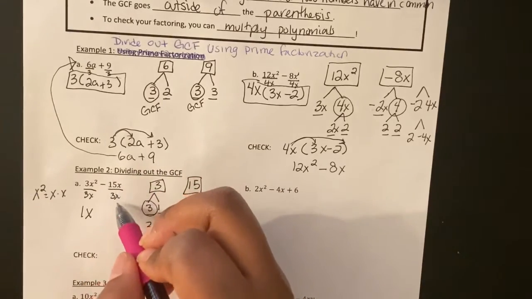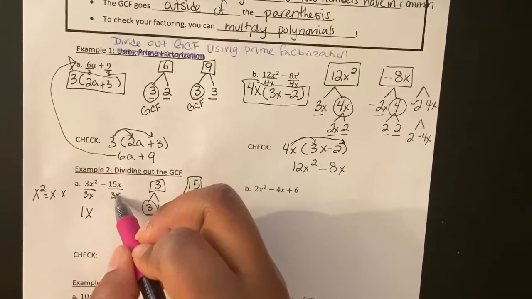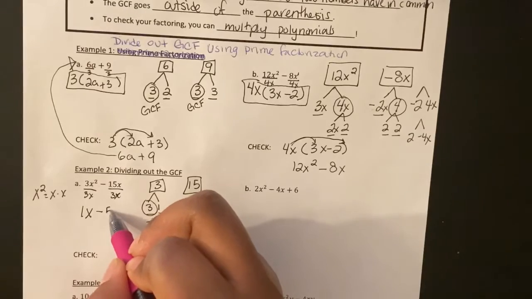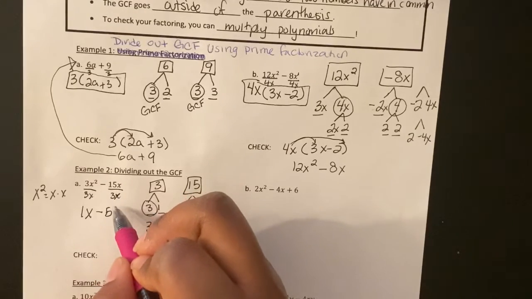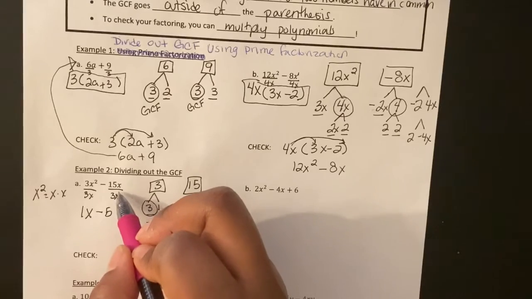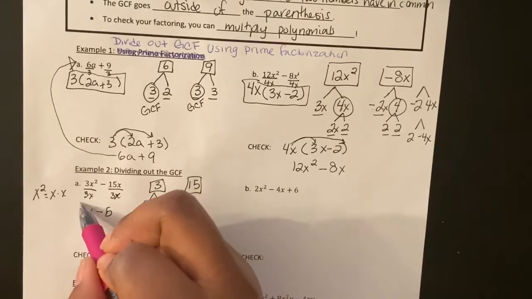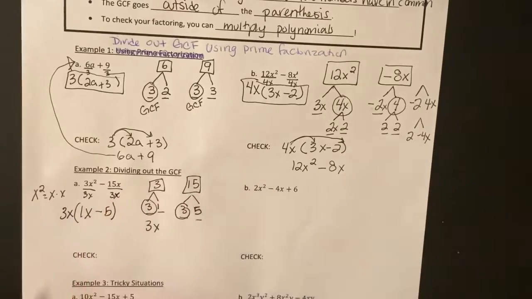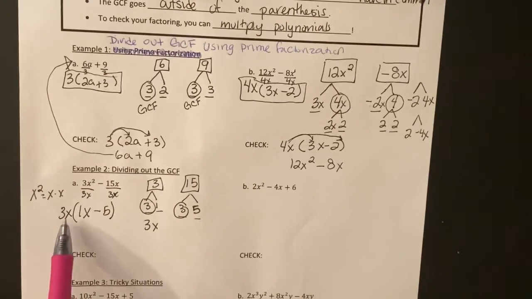Negative 15x divided by 3x becomes negative 15 divided by 3, which is negative 5. X divided by x is x to the 0 power, which is just 1. So I'm going to have that left, and then remember my 3x is in the front. So your GCF goes on the outside. Whatever's left goes on the inside.